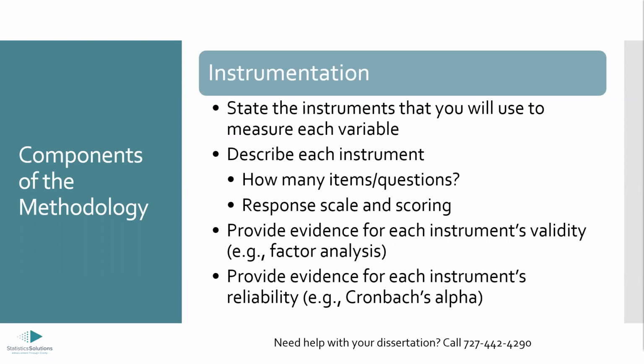And for reliability, these might be things like Cronbach's alpha coefficients or test-retest correlations to test for reliability. And again, you would find this information in the original articles that describe how the instrument was developed and tested initially.